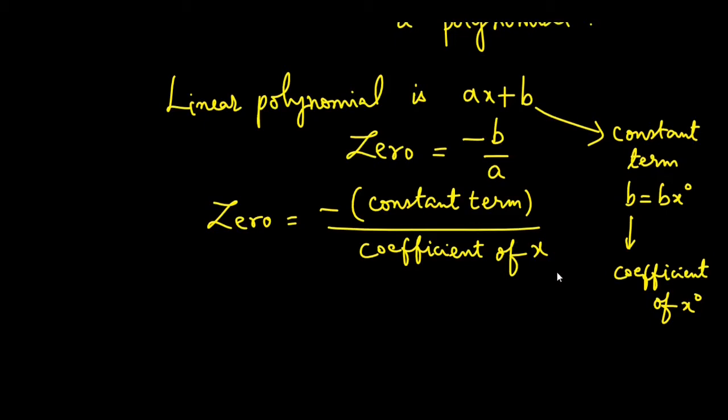Let us see what is the relation between zeros of a quadratic polynomial and the coefficients of the polynomial. Let us take one quadratic polynomial and observe the relation. For example, 2x square minus 8x plus 6.